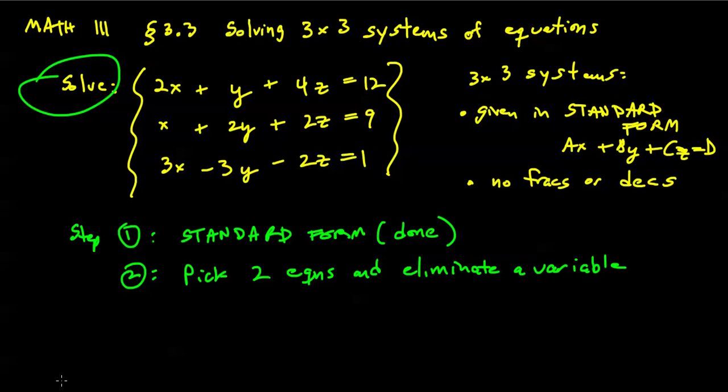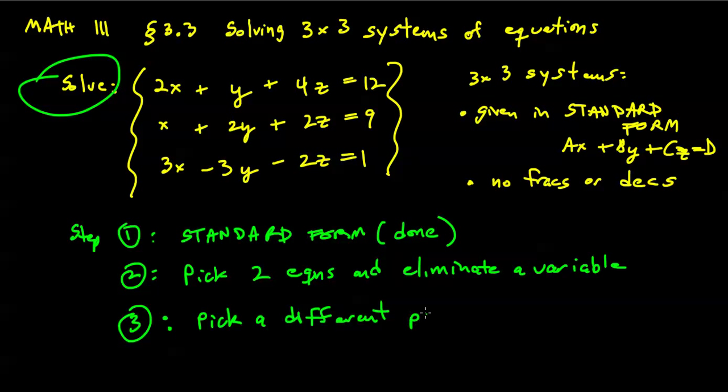Which variable you eliminate will depend on the given coefficients in the problem, so let experience be your guide. Once you eliminate a variable from 2 equations, step 3: pick a different pair.